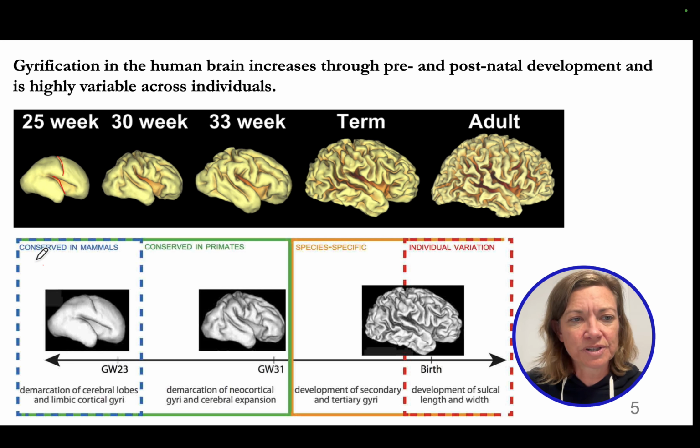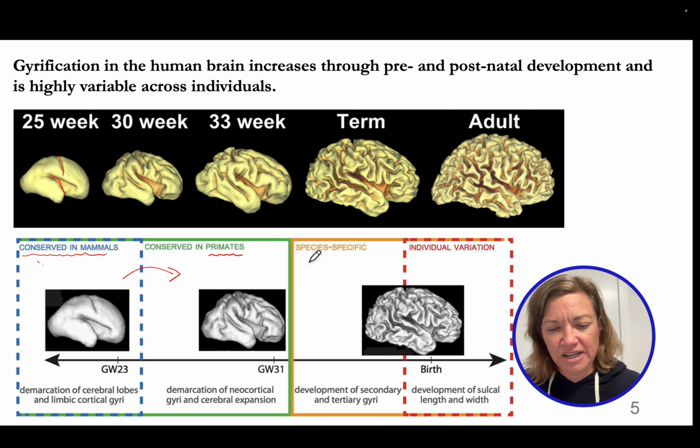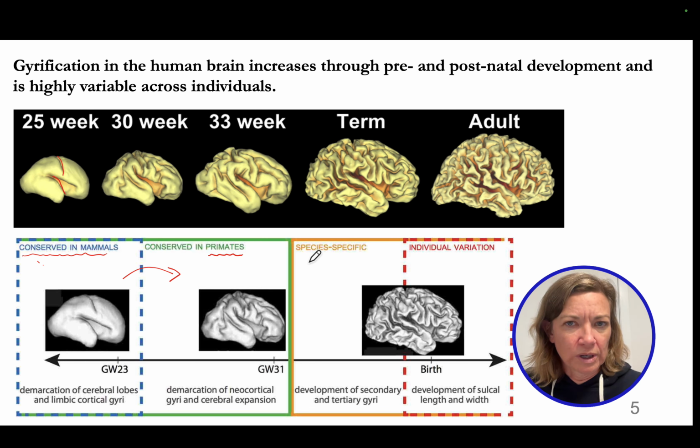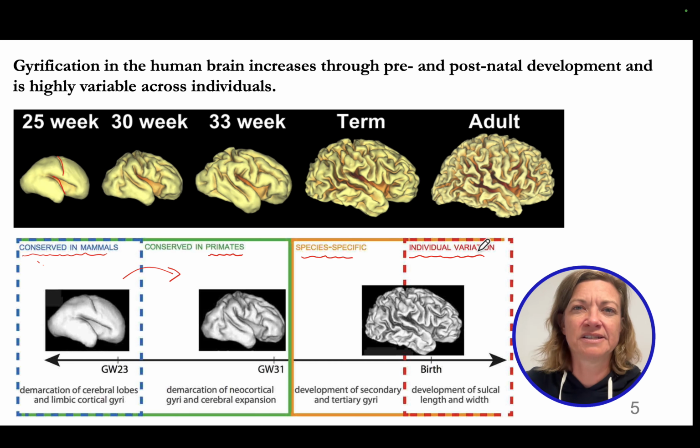And those are also conserved in most mammals. When we get into more elaborate gyrification patterns, that's conserved across most primates. And then we get into later periods of gestation as gyrification becomes more and more elaborate. It's species-specific differences. And then after birth, individual variation across people's brains begins to emerge.